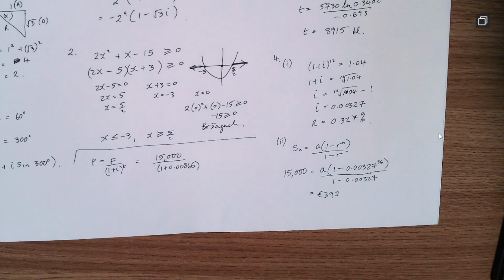The amortization formula: A equals... 15,000. He's got the end balance, not really.